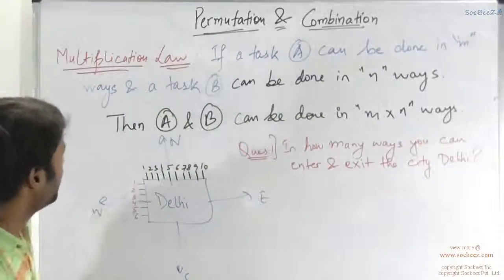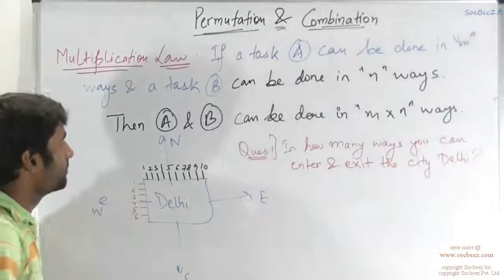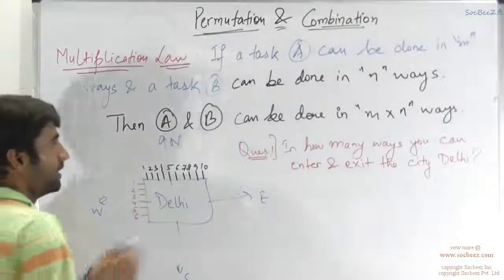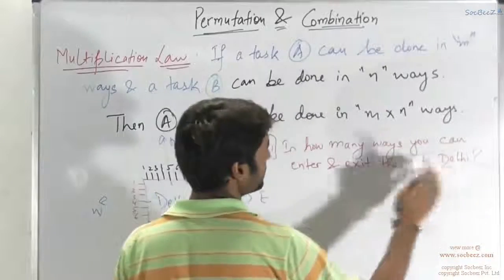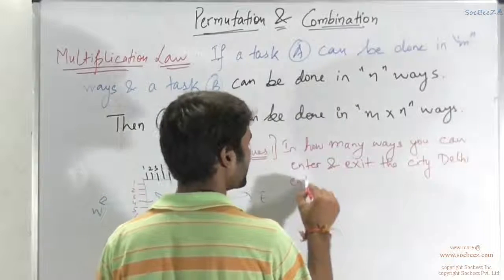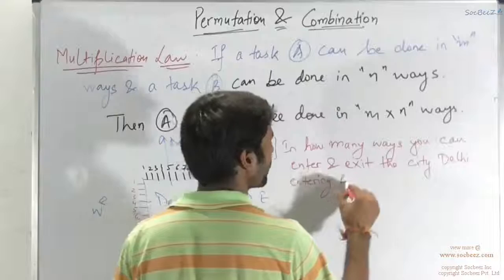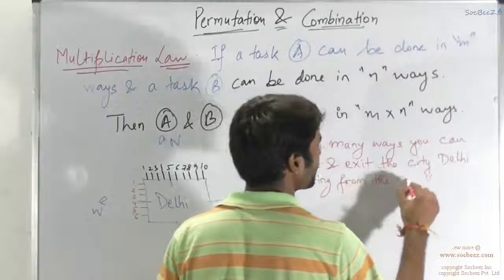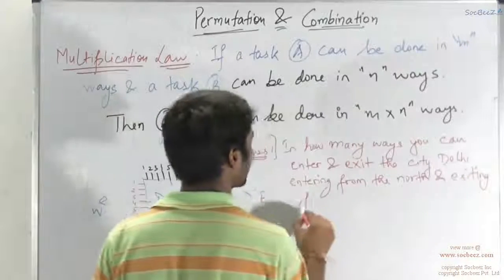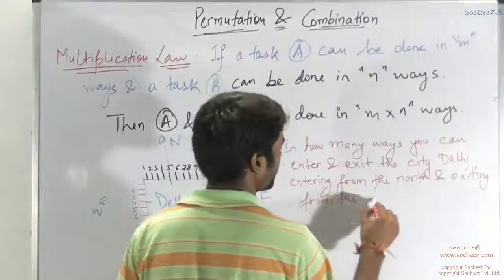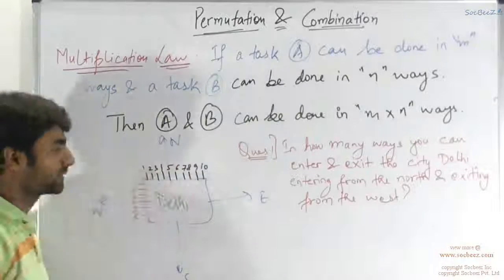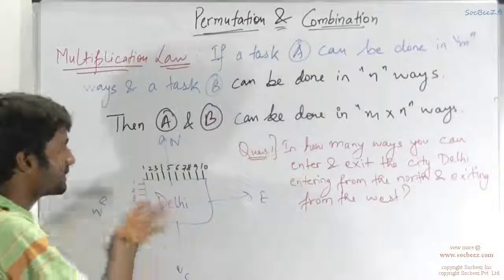First of all, it is specified that you have to enter from, say, the north gate, and exit the city Delhi. So, entering from the north and exiting from the west. This is the question. So basically it says that you have to enter from the north and exit from the west. In how many ways can you do it?